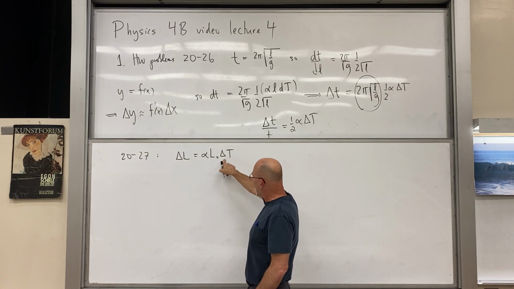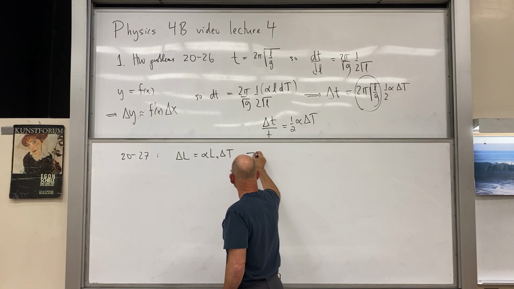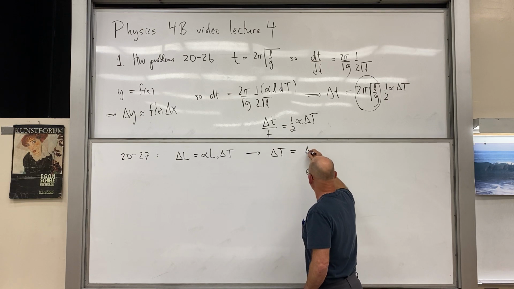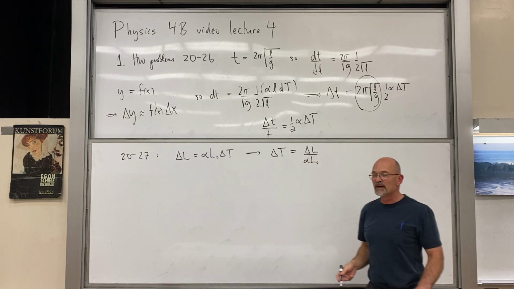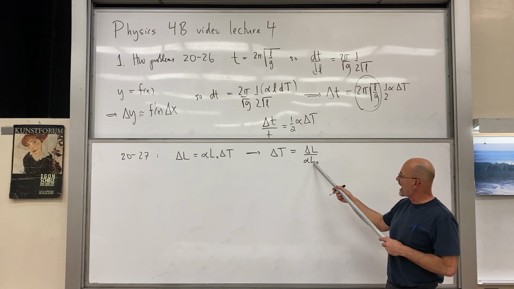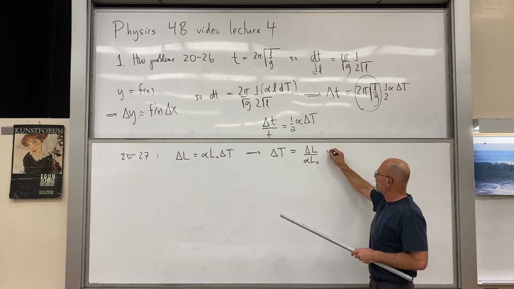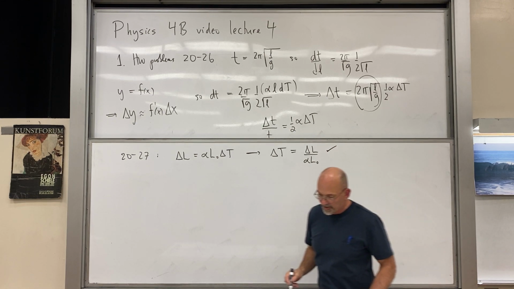And in this case, we were asking for a delta temperature. So we're simply solving for delta temperature, delta L over alpha L naught, and then plugging in the numbers we were given. This was a diameter and a change in diameter. So that one shouldn't give us any problem.